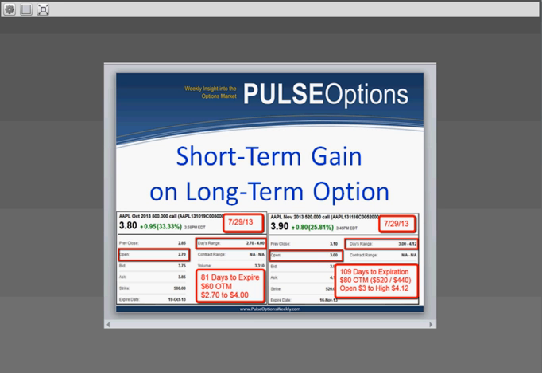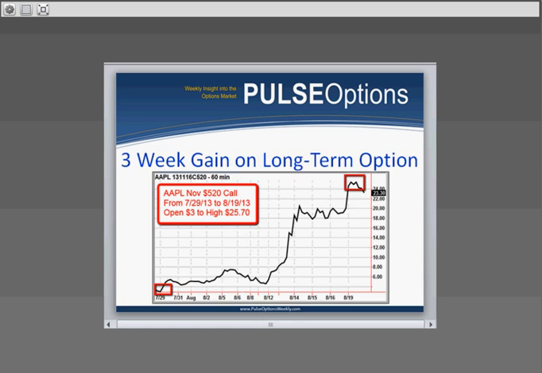The November option had 109 days to expiration, and it moved from $3 to $4. It was $80 out of the money. Now, if you would have held on to that same option longer, it went from $3 to $25. So sometimes we get trades that are long-term, but as a general rule, we're in and out.